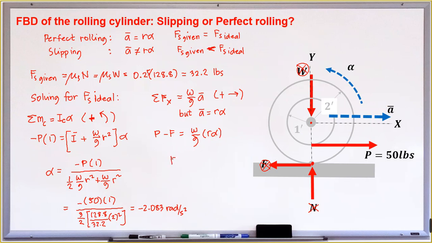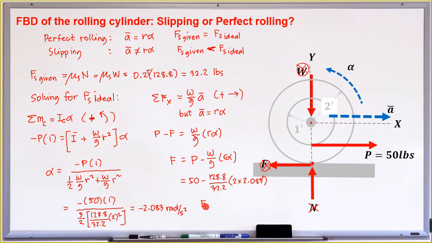So to solve for F, F is equal to P minus W/g times r alpha. Okay, so plug in the values. This is 50 minus 128.8 over 32.2. The radius is 2 feet, so 2 times 2.083.